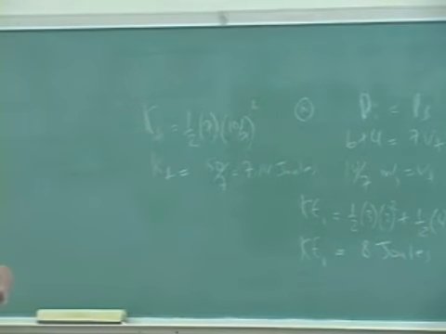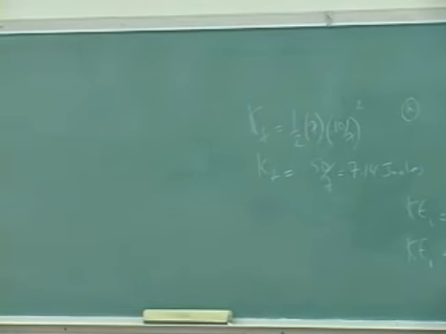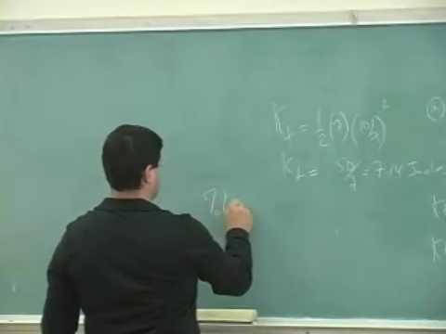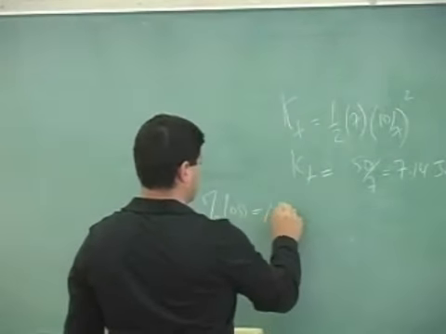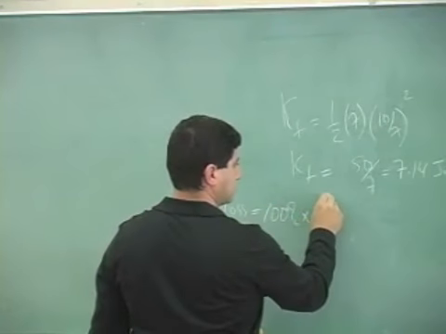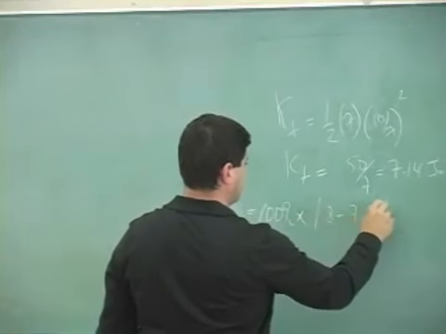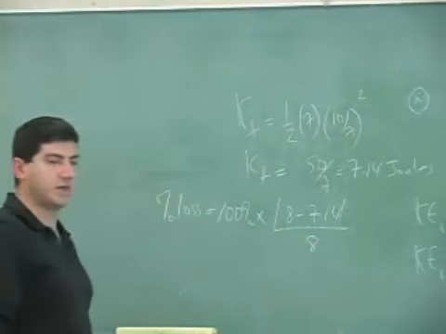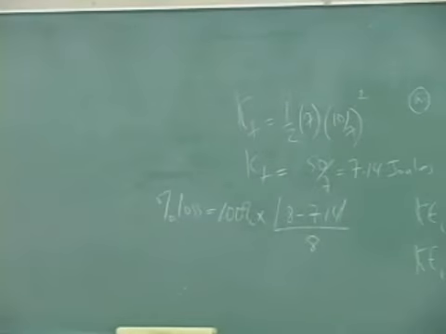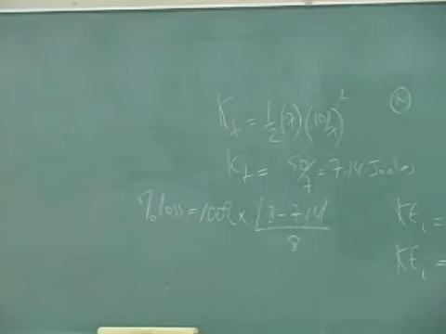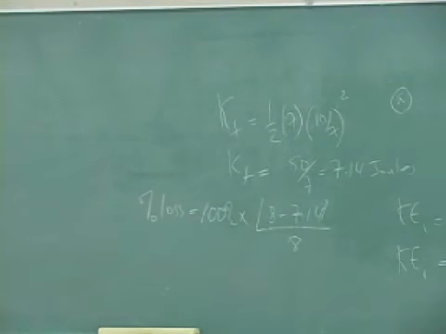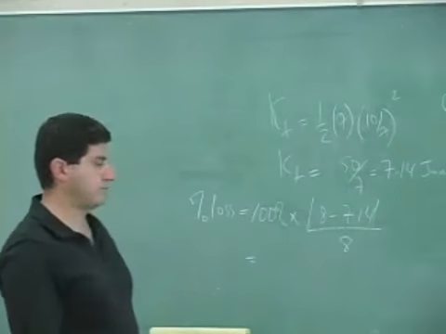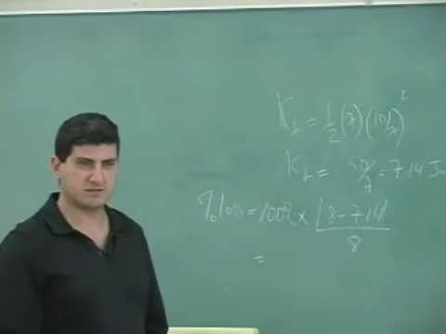In this case, the percent loss should be low. Eight minus 7.14 over 8 is the percent loss of energy. About 11%.